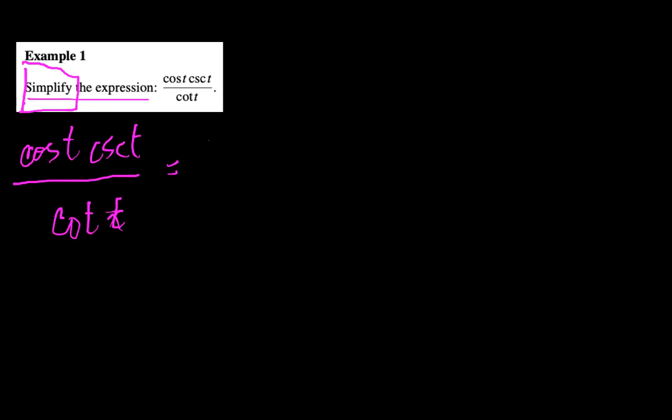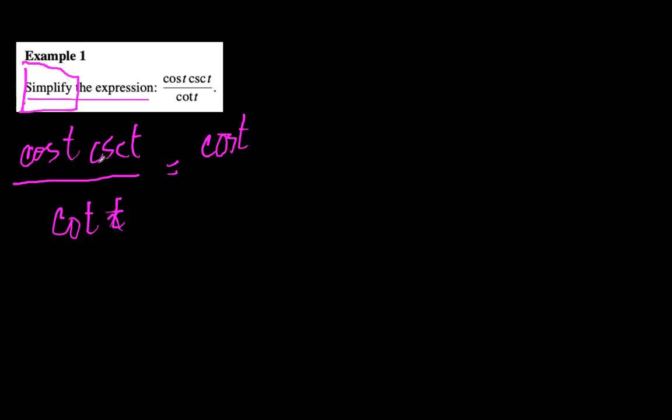We know that cosine t is already in simplest form. I'm not saying that cosecant is not in simplest form. Pwede naman siya mag-categorize as simplest kasi part of the fundamental, diba? Or we can still simplify cosecant as 1 over sine.